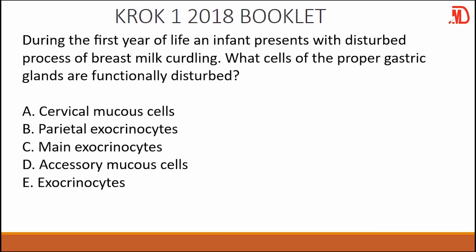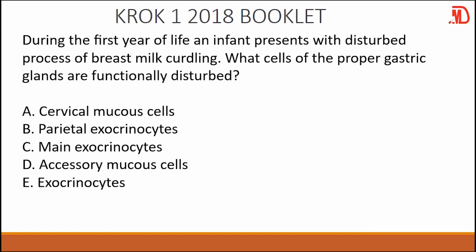During the first year of life, an infant presents with disturbed process of breast milk curdling. What cells of the proper gastric glands are functionally disturbed? Chymosin, also known as renin, is a proteolytic enzyme related to pepsin that is synthesized by chief cells, also known as main exocrinocytes, in the stomach.